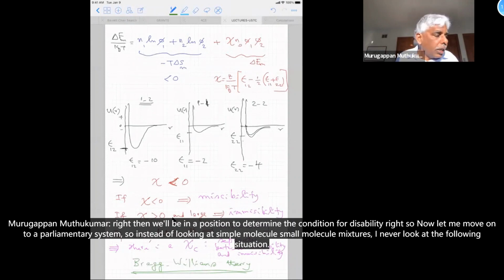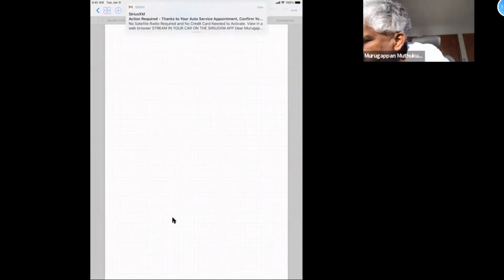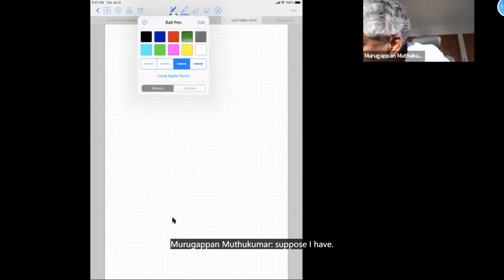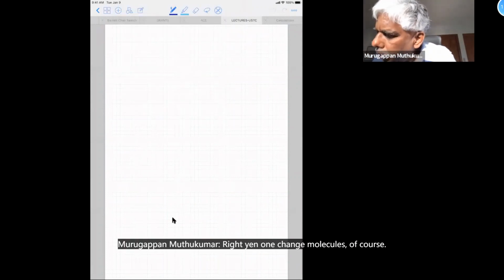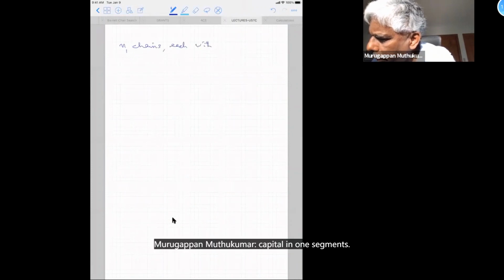So instead of looking at simple molecules, small molecular mixtures, I'd like to look at the following situation. Suppose I have N1 chains, molecules, of course, each with capital N1 segments.